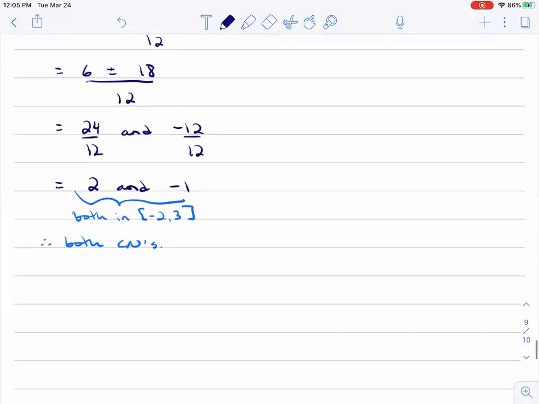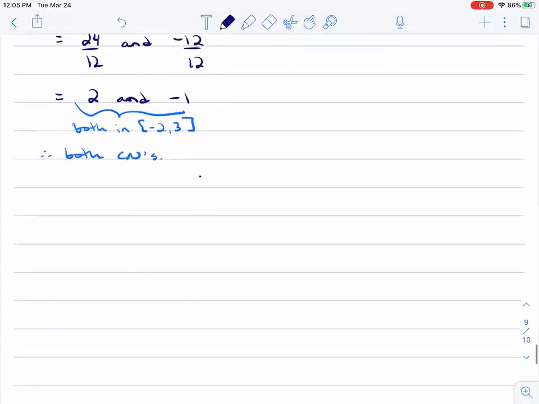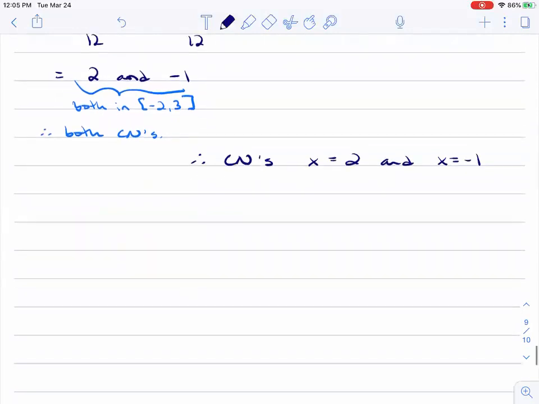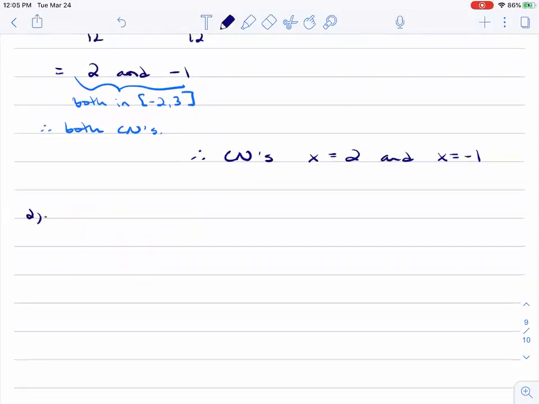So the second thing that we're going to do, therefore the critical numbers are at x equals 2 and x equals negative 1. Second thing we want to do is evaluate the function at these critical numbers, and then we're going to evaluate the function at the endpoints, right? At either the endpoints or the critical numbers, that's where the maximum or the minimum will occur.